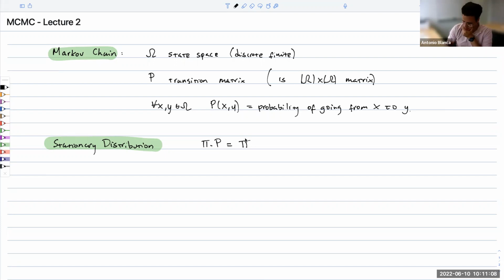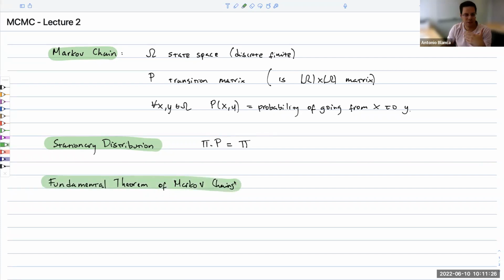And then we look at this fundamental theorem of Markov chains. It gives you necessary and sufficient conditions for having a unique stationary distribution and convergence of the Markov chain to this stationary distribution, right?